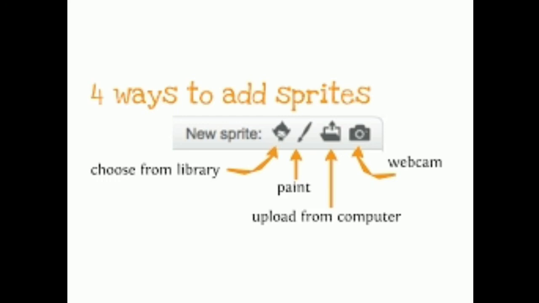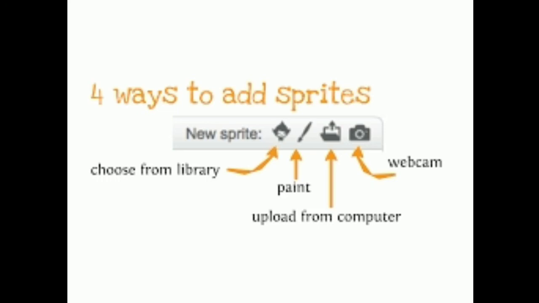When you select this option, the camera of your system will open, and you can click and upload the image onto the stage. So this is how you can upload a new sprite from camera. First thing is, you have to click on the fourth button provided over the new sprite section, which is for selecting a new sprite from camera.